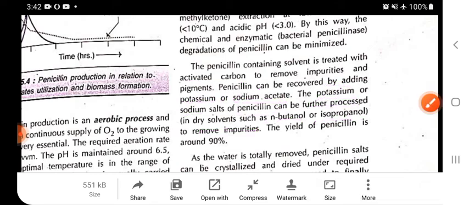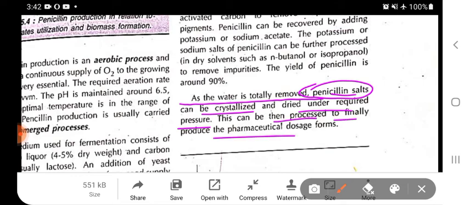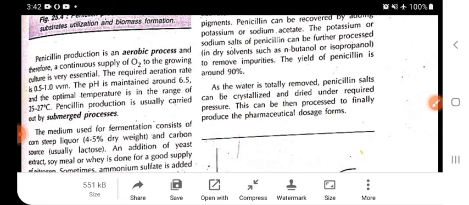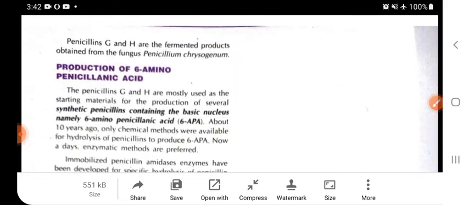And finally, we remove the water from the salts of penicillin, and thus the salts become crystallized, which are further processed at certain pressure and temperature for pharmaceutical manufacture of the antibiotics, or sometimes a suspension is also prepared.